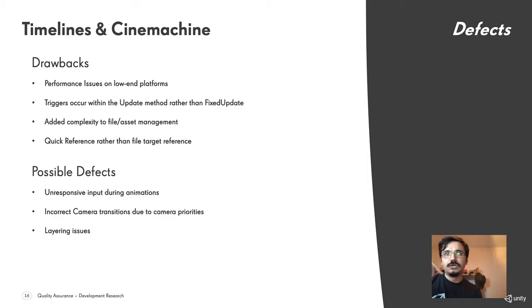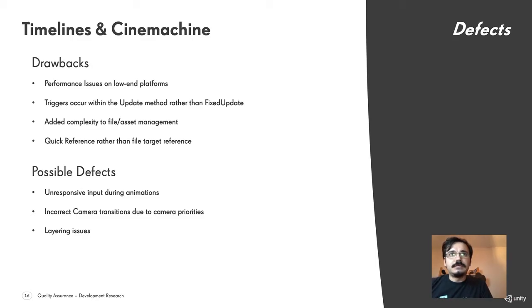So that could cause certain triggers to lag or not appear correctly on the timeline. The added complexity to file asset management remains the same, and the references of objects in the timeline use the quick reference tool and not the file targeting reference used in the animation system. So that could be a workflow drawback to using timelines.